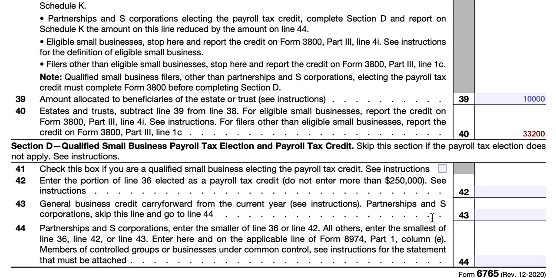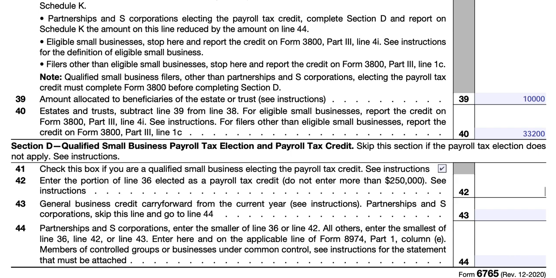And that is gross receipts of less than $5 million for the tax year, and no gross receipts for any tax year before the 5-year period ending with this tax period. So if this company has been in existence for more than 5 years, or if they have gross receipts of more than $5 million, then they cannot make this election.